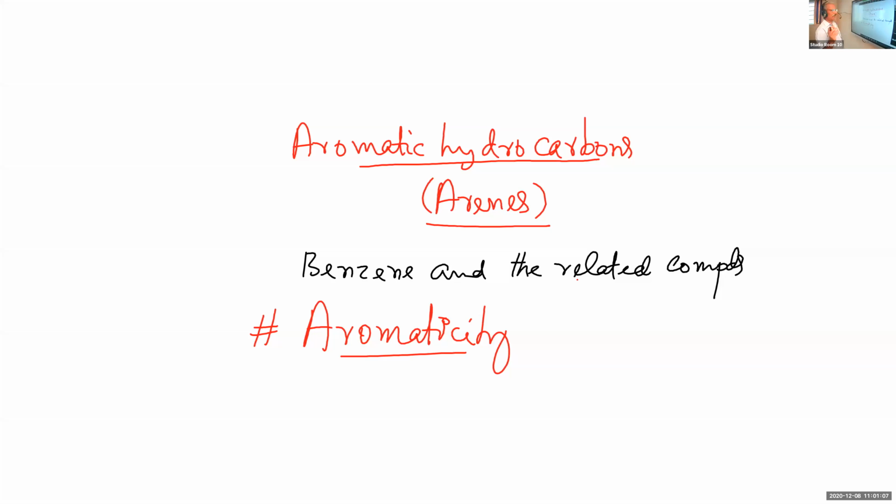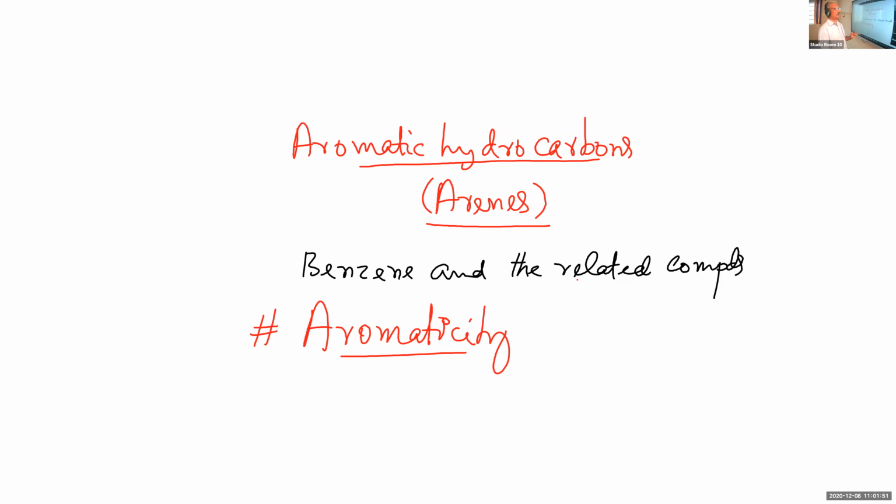So the word aromatic is coming from aroma. Aroma means pleasant smell, sweet smell. So the sweet smelling compounds were originally known as aromatic compounds. But in the development of aromatic chemistry, we have a large number of compounds which do not have a smell, and a large number which have a foul smell also.